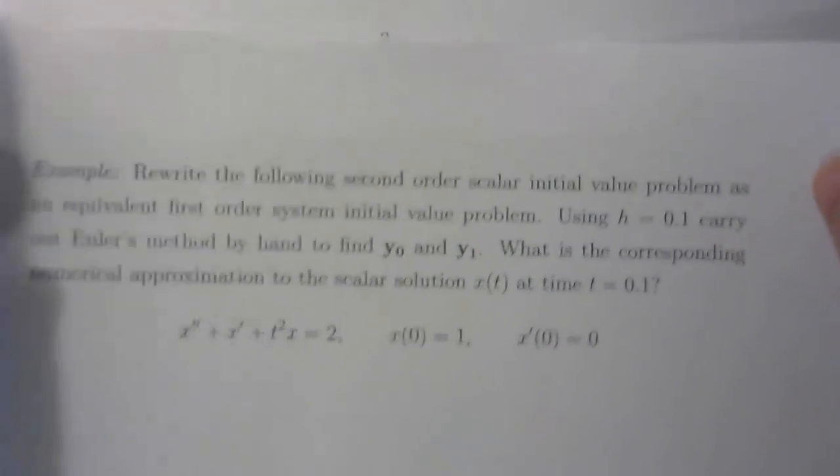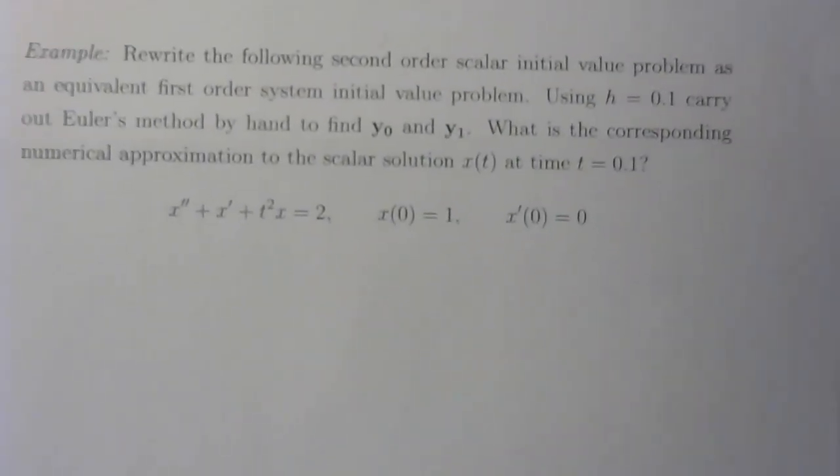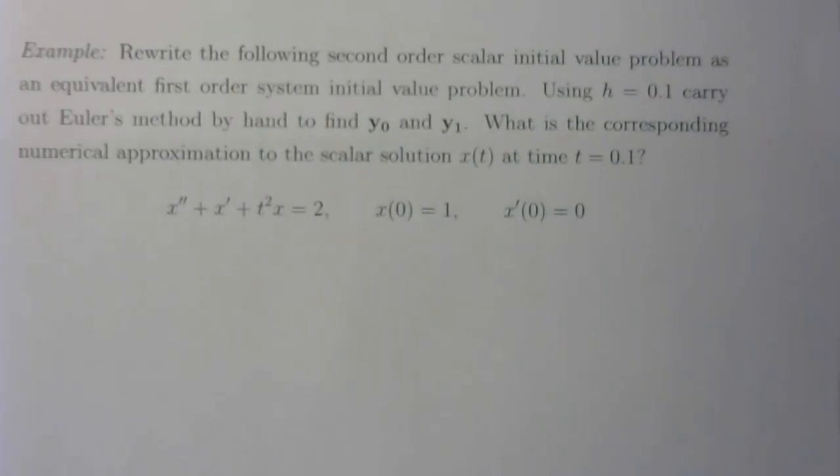So let's look at another example where we can see this more starkly. So we have a second order scalar initial value problem. I want to write it as a first order system. And then with a step size of 0.1, I want to do forward Euler to find y0, y1, and then relate this back to x, what we're looking at here.